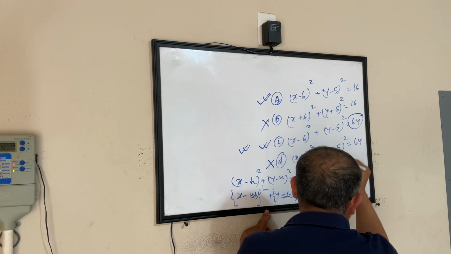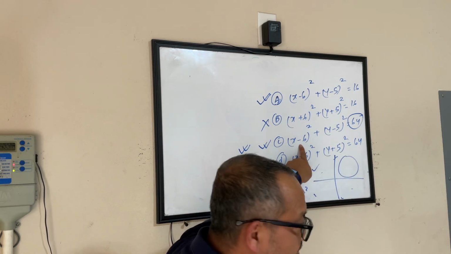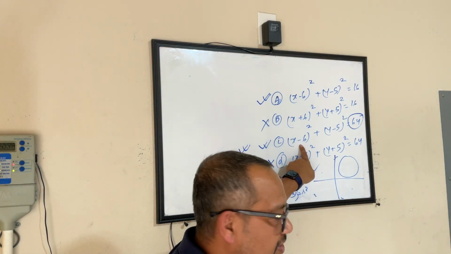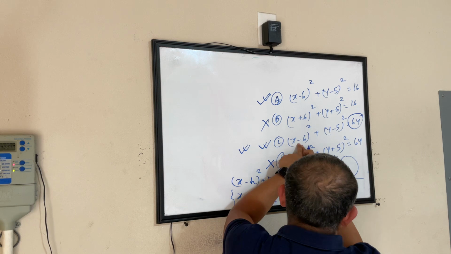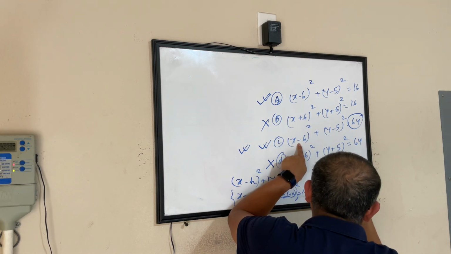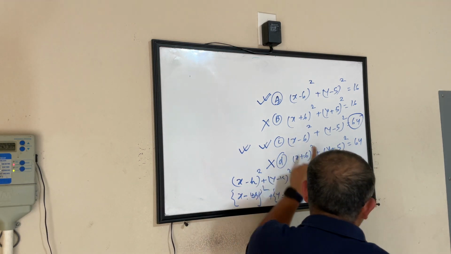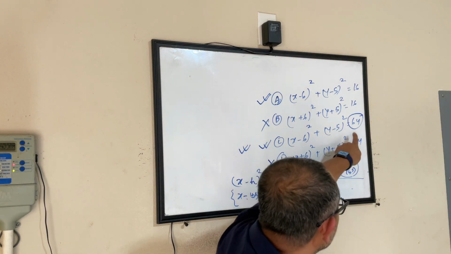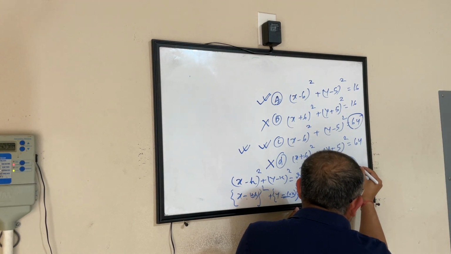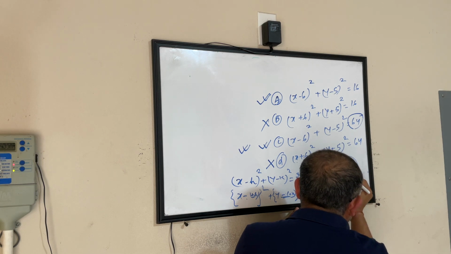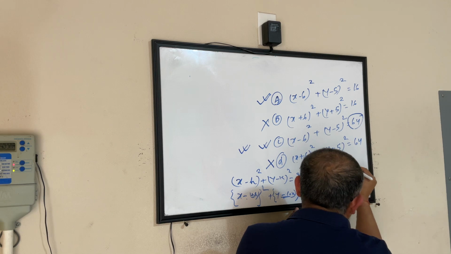Now look at this carefully. If you pick this situation, let's say the coordinates are 6, 5, and your radius in this case is 8. So if you look at this length alone, this is 8.